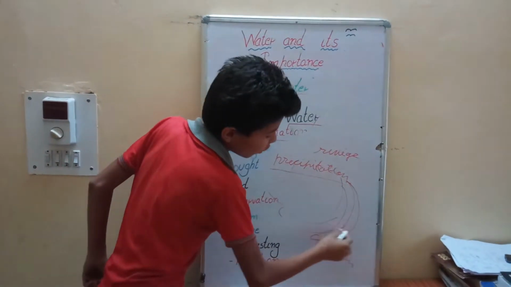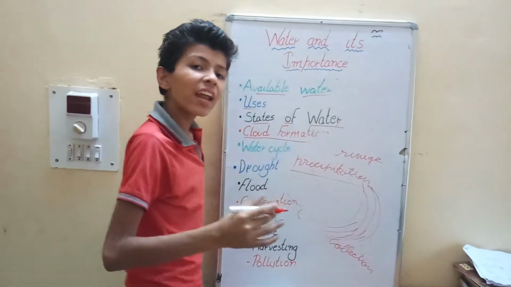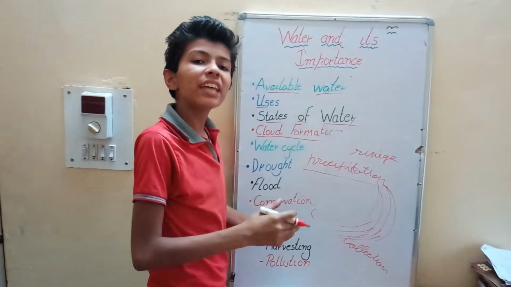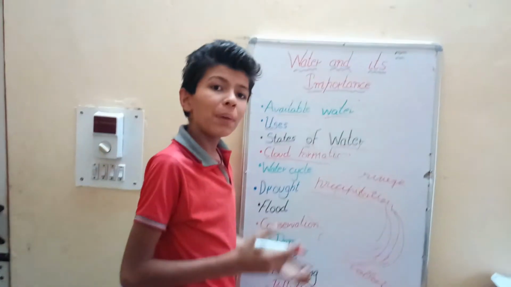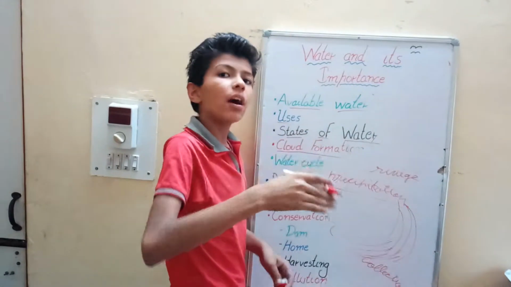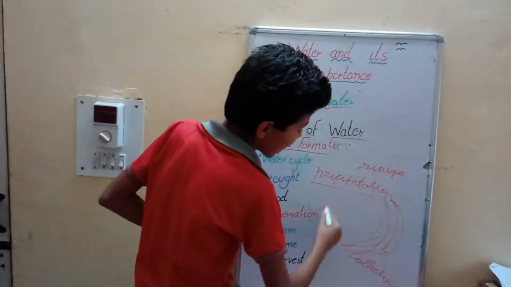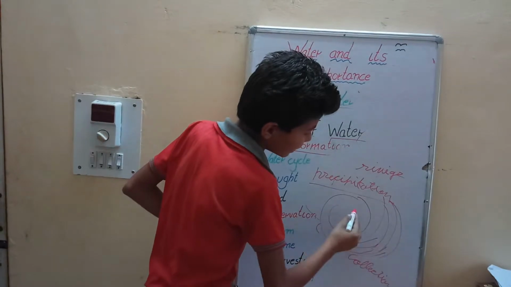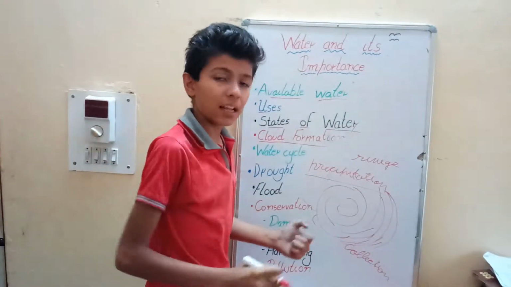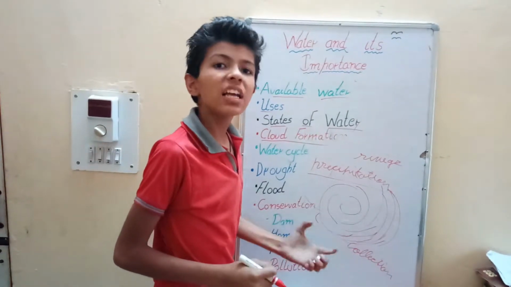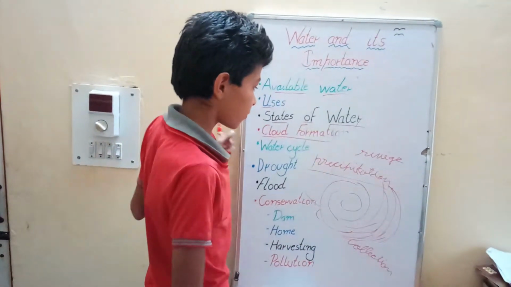And this water will move to the river, and the river will join the seas, and the seas will join the oceans, or in between it will evaporate and again become clouds. So this repeats itself again and again. So this is called a cycle. The name of this cycle is the water cycle.